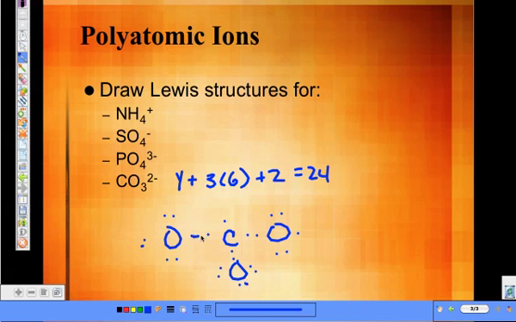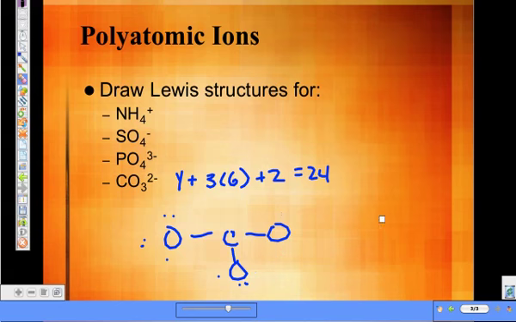So now we draw on our bonds. This oxygen has an octet. This oxygen has an octet. This one only has 7 and carbon only has 7. So what do you think we're going to have to do here? Throw them both in here and form a double bond. So we'd have a double bond right there.